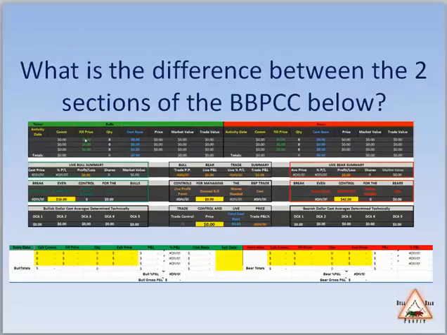When you close a trade, even a partial trade, if you have 100 shares and you make profits on 50 of those shares, those 50 shares get transitioned down to the lower section, as we're seeing it here, because as you just said, those trades are closed.